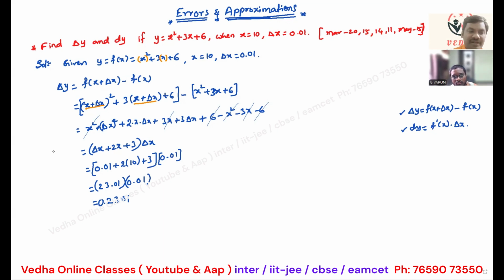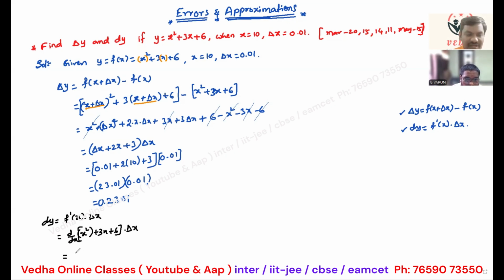Now, second one. What is the second one? dy is equal to f dash of x into delta x. This is the formula. Now we have to differentiate the f of x function, that means d by dx of x square plus 3x plus 6, into delta x.